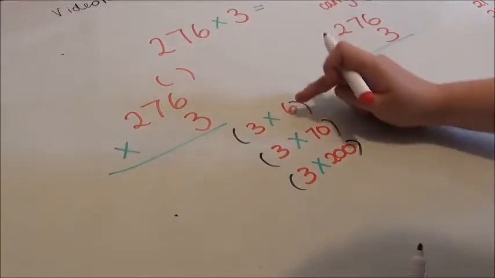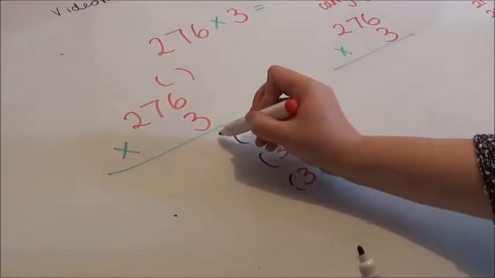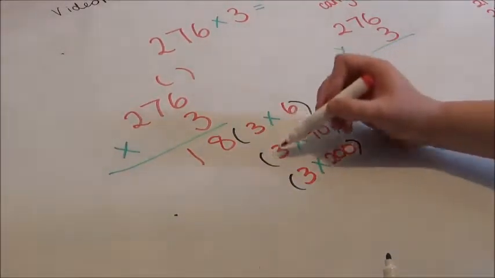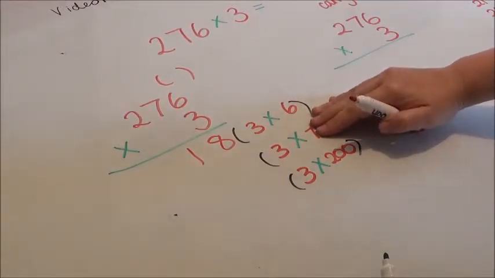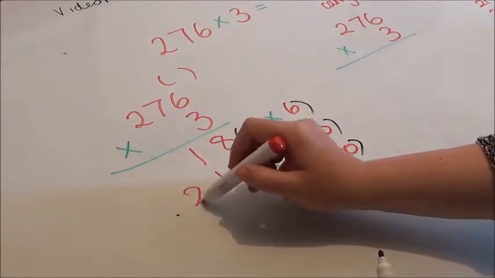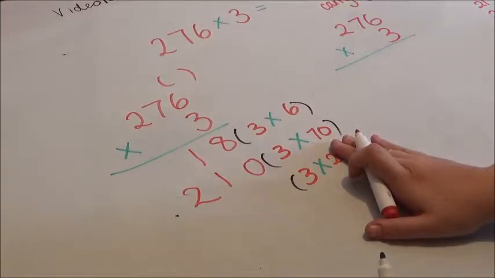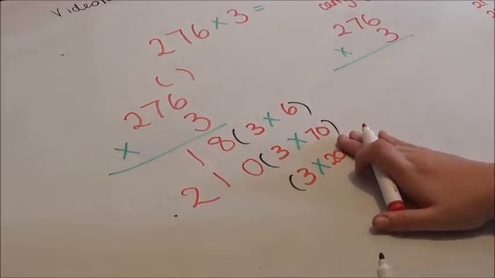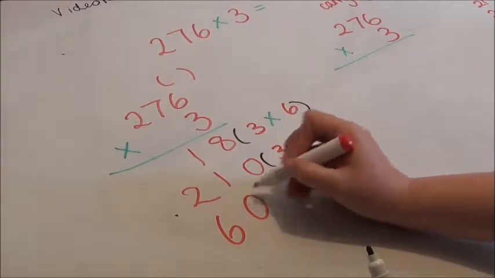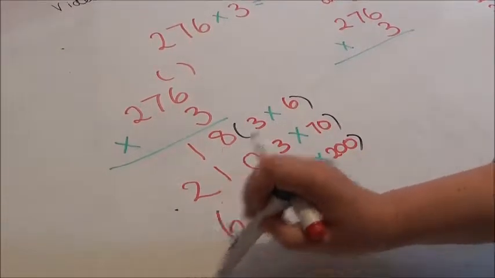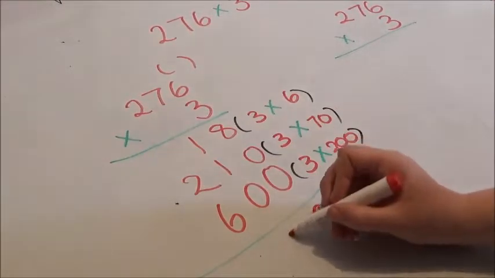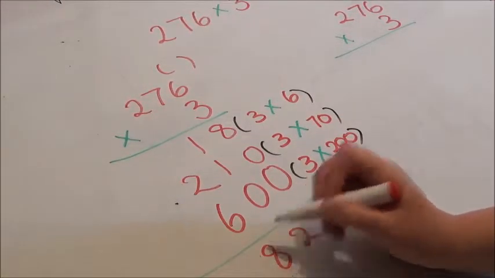Okay, 3 times 6 is 18, 8 in the units and 1 in the tens. 3 times 7 is 21, make it 10 times bigger, is 210. 3 times 2 is 6, 10 times bigger is 60, so 100 times bigger would be 600. Add them together, 828.